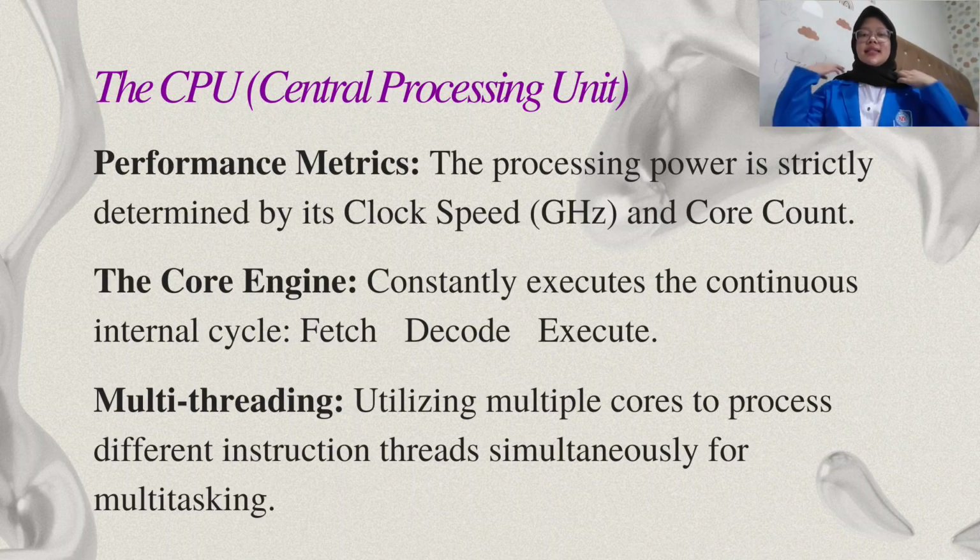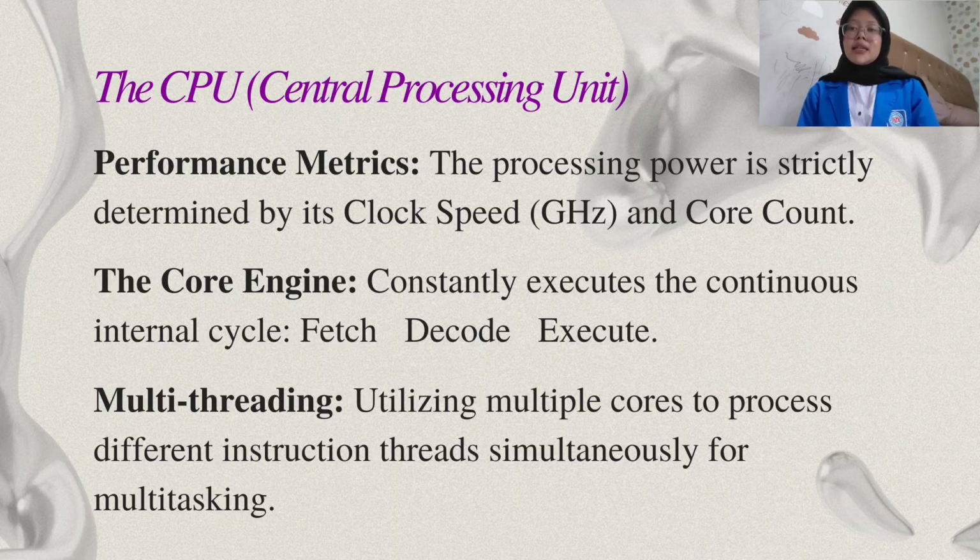Now, on slide 6, we have the CPU, the structural brain of the machine. Its performance is determined by its clock speed measured in gigahertz and its core count. A modern CPU constantly runs the fetch-decode-execute cycle.